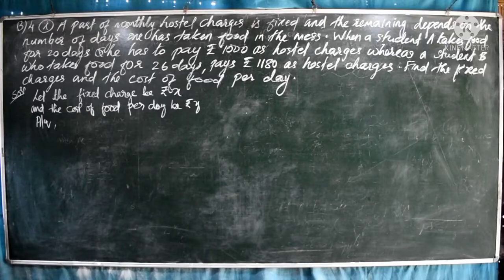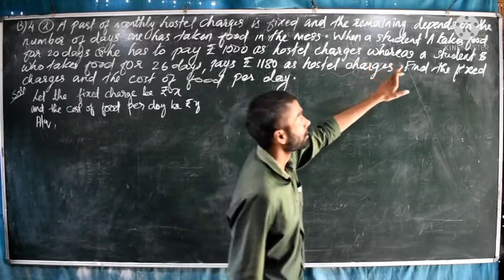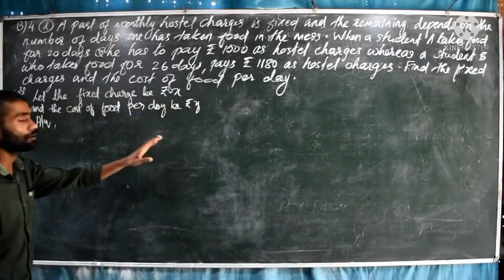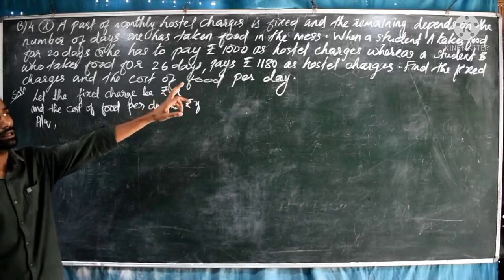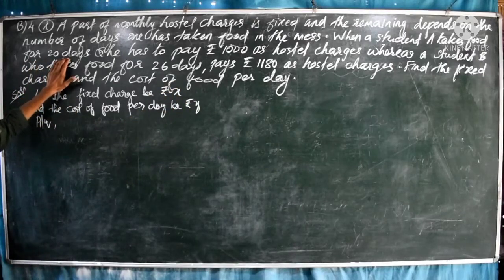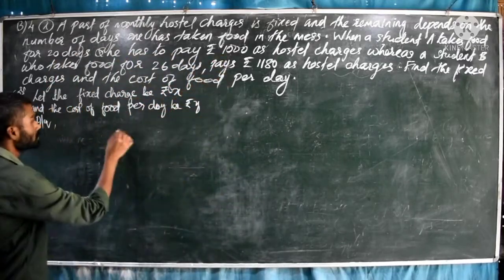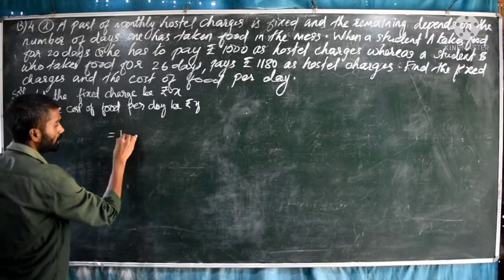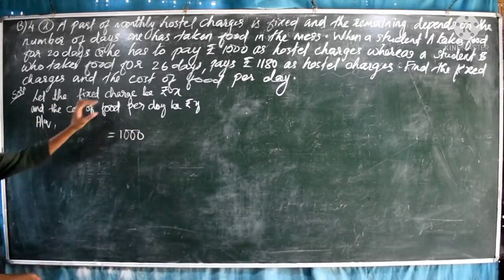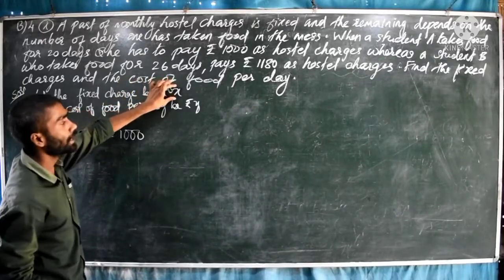When first student A takes food, we will find our first condition with that one only, that is student A. When she takes food for 20 days, she has to pay rupees 1000. That means the total she has to pay is rupees 1000. And now the fixed charge, she has to pay by any means.